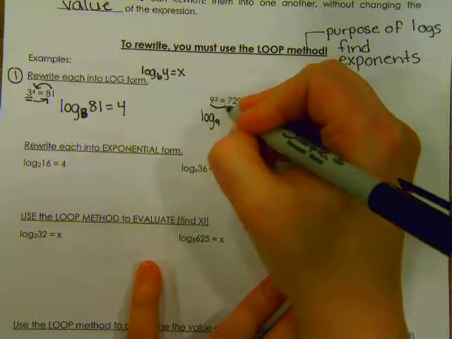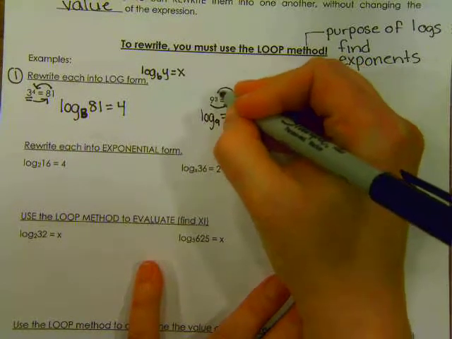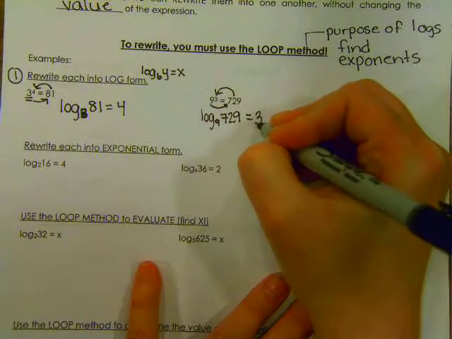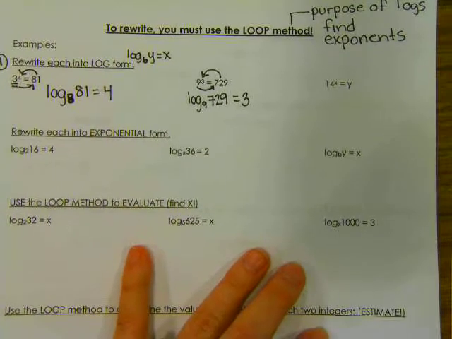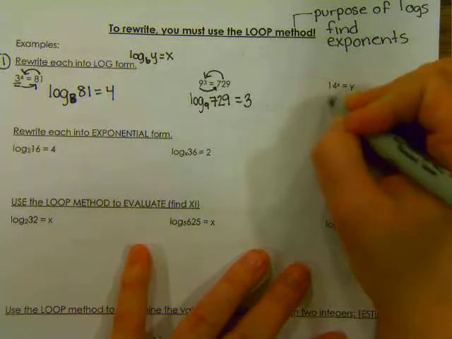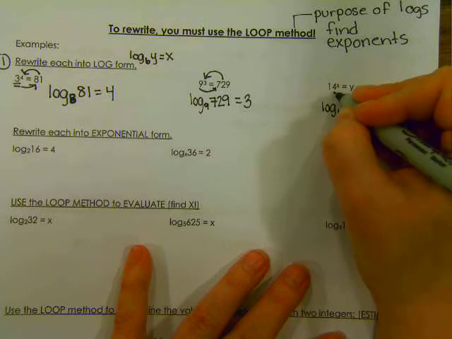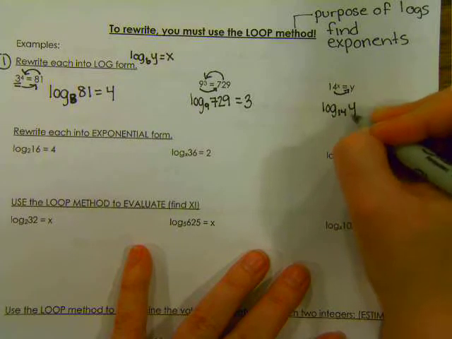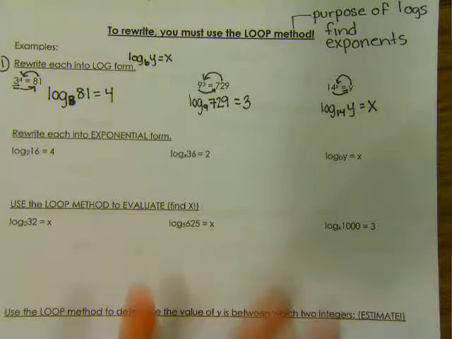Loop around of 729 equals 3. Even if there's variables in the expression, you could still write it into log form. This would be log base 14 of y equals x. So using the loop, you can go from one form to the other.